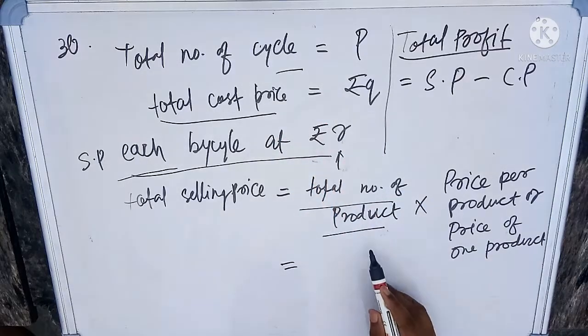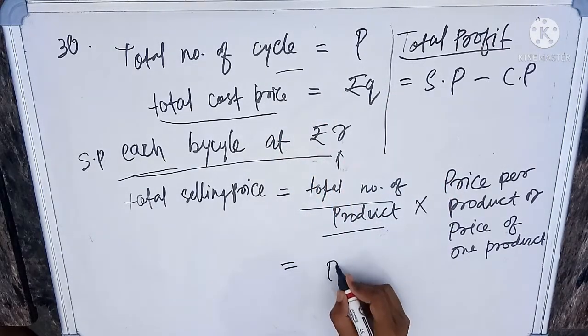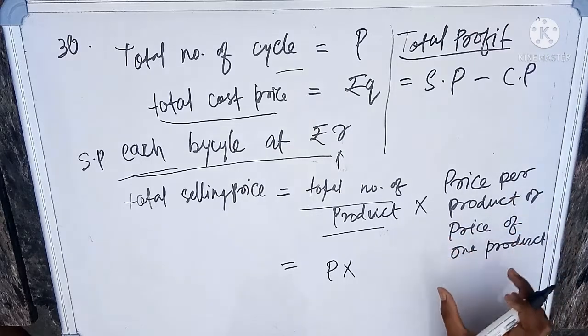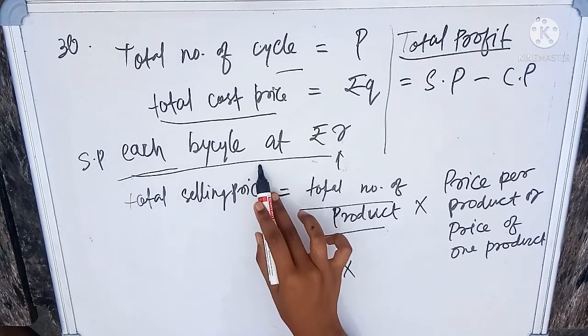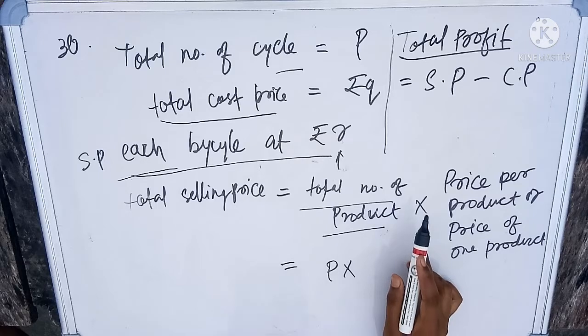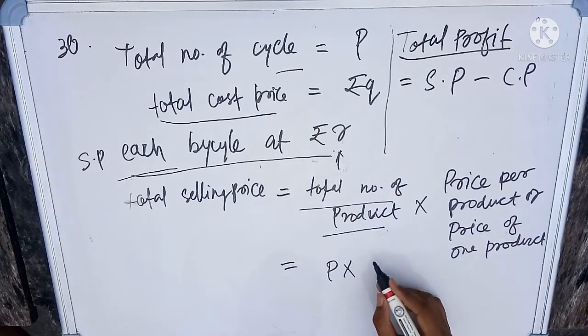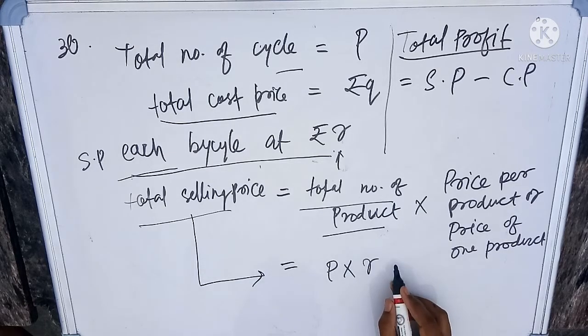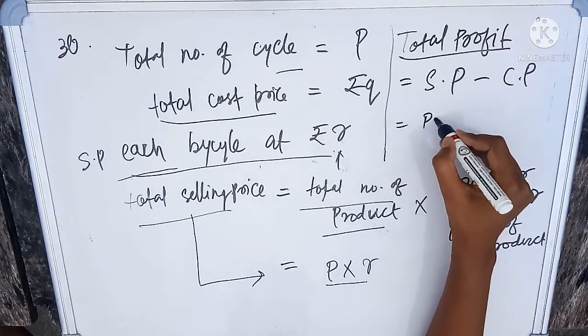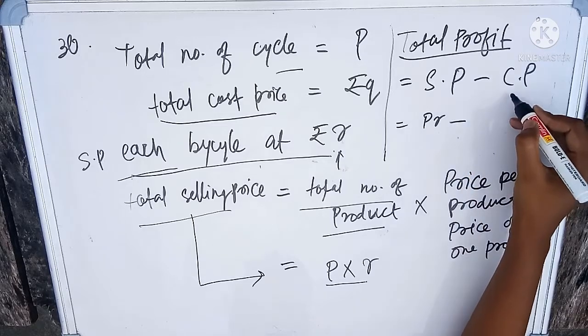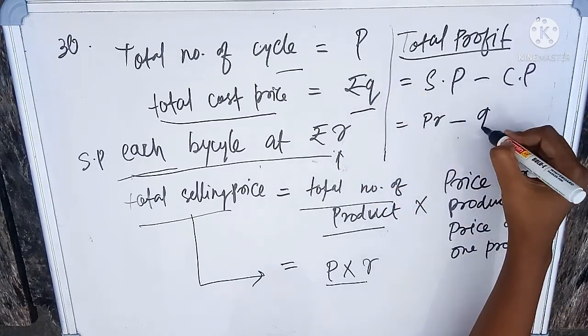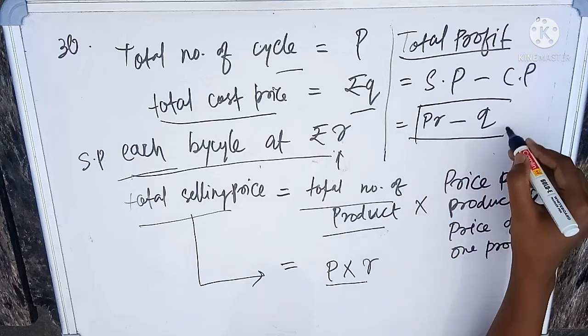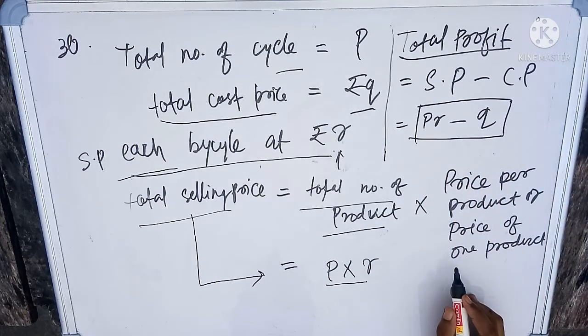Here we have the total number of cycles, which is P, multiplied by the price per product, that is the selling price of one bicycle, and it is given as rupees R. So we can say that the total selling price of the bicycles is equal to P multiplied by R. Now we have to find the total profit. Now the selling price is PR minus the cost price, which is Q, given in the question. So we can say that the total profit of that man is PR minus Q.